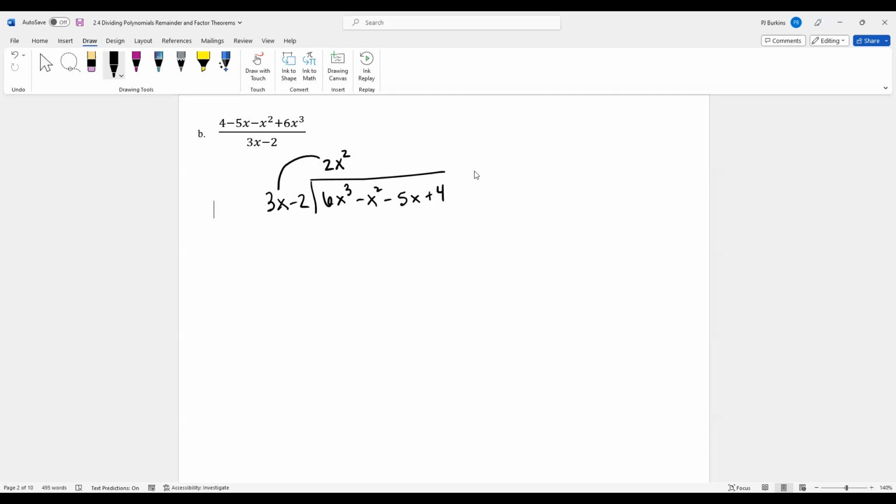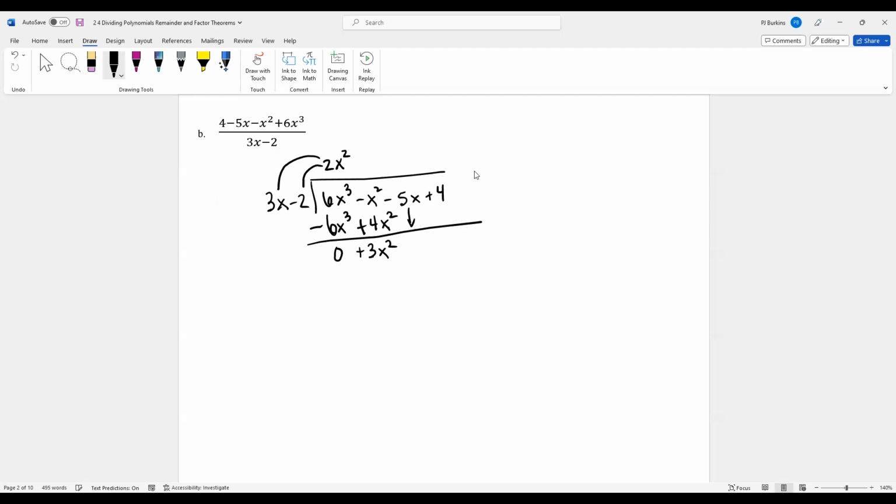Now I take this, multiply by everything in my divisor, so I get 6x cubed minus 4x squared. Remember that I have to subtract everything, so this becomes minus and plus, right? It makes the sign change. I have 6x cubed minus 6x cubed, that's 0. Then I have minus x squared plus 4x squared, that's 3x squared.